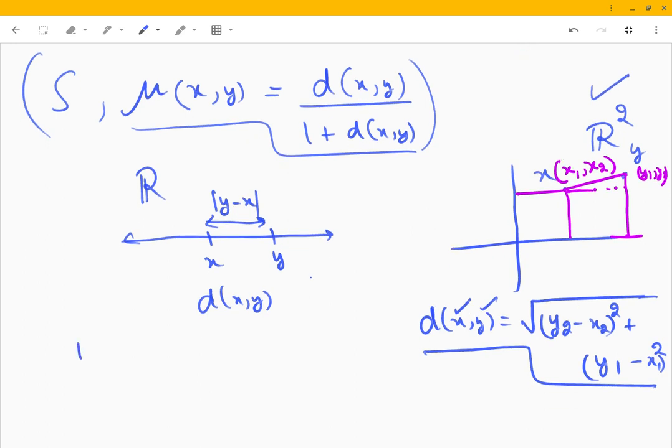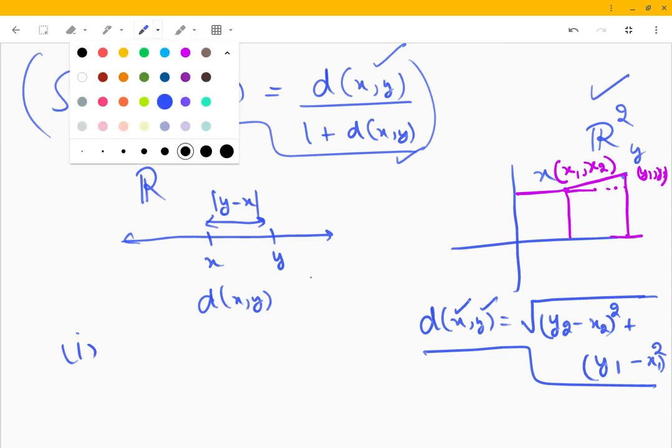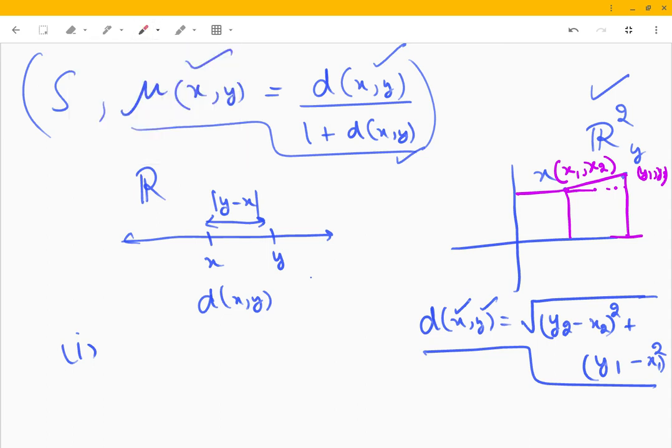So the first condition is this should be greater than 0. What do you think? This is distance, it is always positive for any point on the real line. Distance between two points is always positive.